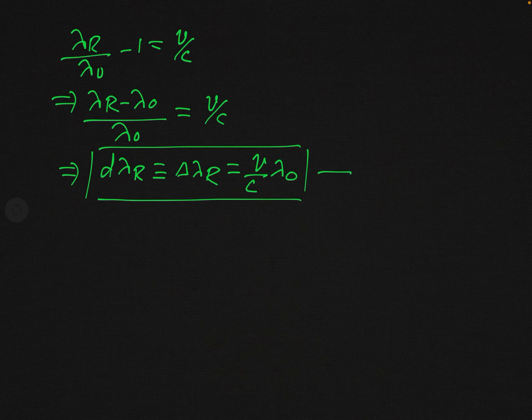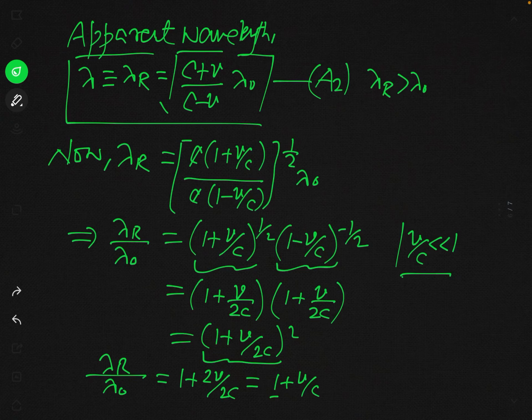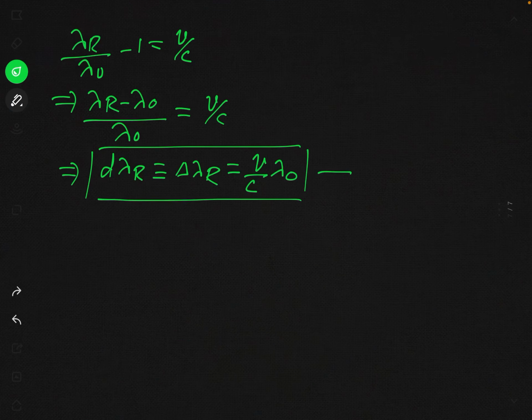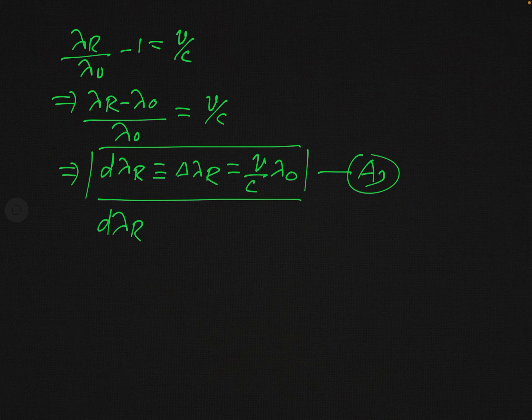And here you can see that this Doppler shift in wavelength is positive, not negative. So this will refer to some different conclusion. You can see here that d lambda r, which is the Doppler shift in wavelength, is positive, so what does it refer to?